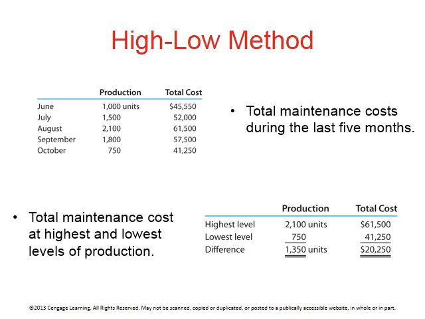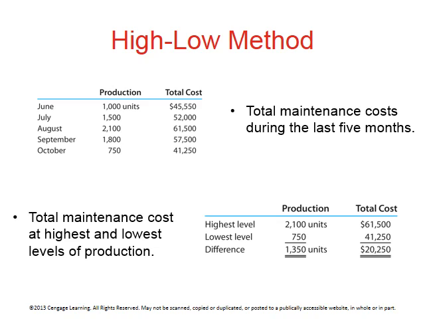If we take production and total cost, we take the highest level of production, 21,000 units, and the highest level of total cost, which is $61,500. They don't necessarily have to fall into the same month. You just take the highest one from each column. Then you take the lowest level from each column. Lowest production is 750, and lowest total cost is $41,250.